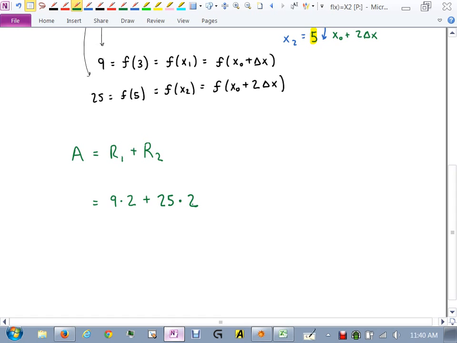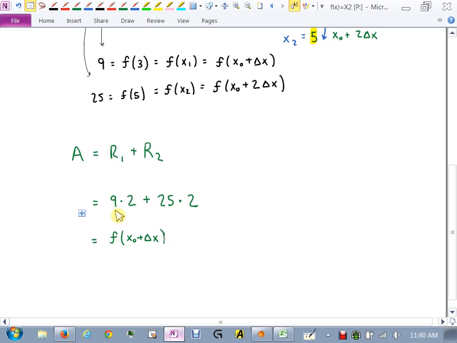I want you to see something below this. Let's do this written in terms of this. What was 9? 9 was the function. How far do we want to go? Let me do this. 9 is this, right? I'm going to actually write that. It's f of x naught plus delta x, and then, sorry, I'm missing something.